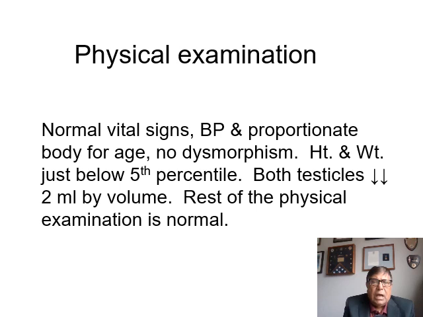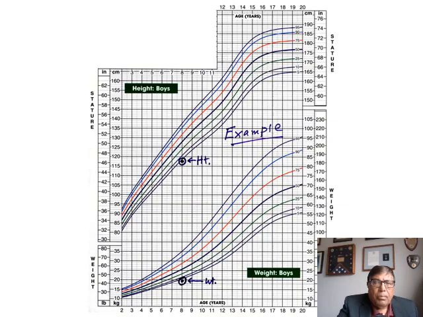Both testicles are descended, about 2 ml by volume. Rest of the physical examination was normal. Construction of the growth chart shows that he is just slightly below 5th percentile, maybe 4th, and the weight and height is pretty much in the same percentile.